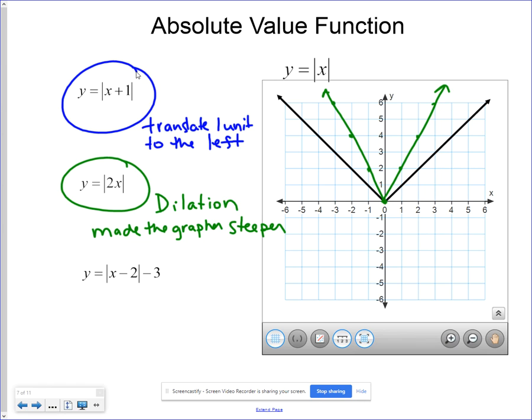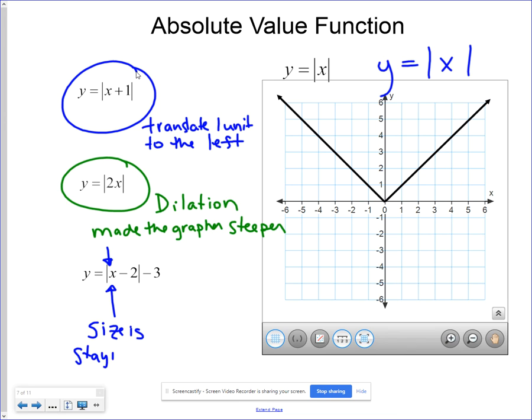Okay. All right, let's look at the last one. The parent graph is y equals the absolute value of x. If we look down here, there's not a number in front of the x. So that means we're not changing the size of it. The size is staying the same. If you want to change the size, you put a number in front of it, like we did here.